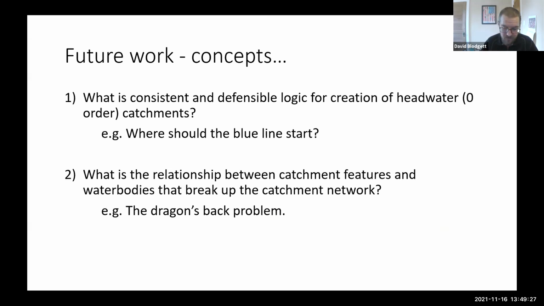And this is actually interesting, slightly aside, but an interesting logical error in a lot of our digital hydrography is that we create a catchment around a first order stream, but we don't create a catchment upstream of the top of the first order flow line. But there is some area that contributes to that initiation of flow, that point where flow initiates in the blue line.